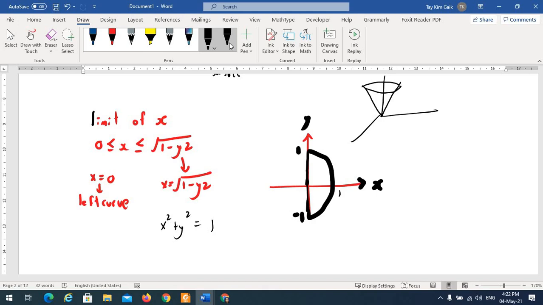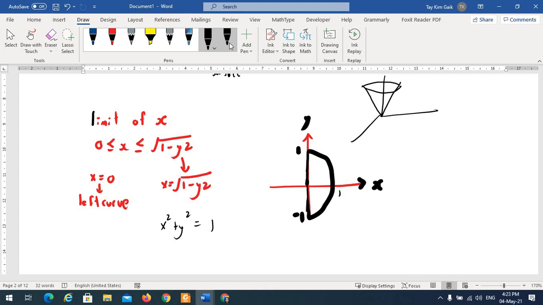If you cut it vertically at your y-axis, this is the right hand side of the unit circle, given by x equals square root of 1 minus y squared, because on the right hand side x is positive. If x equals negative square root of 1 minus y squared, this is the left hand side of the unit circle.